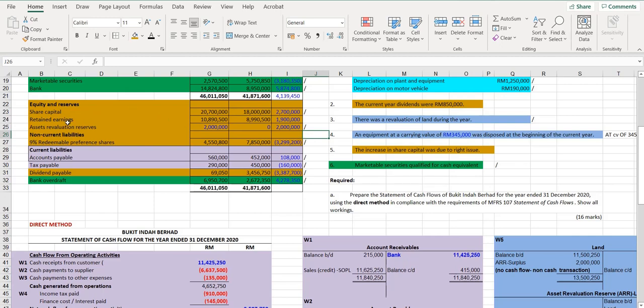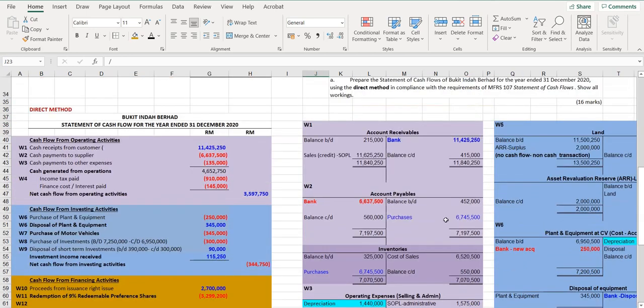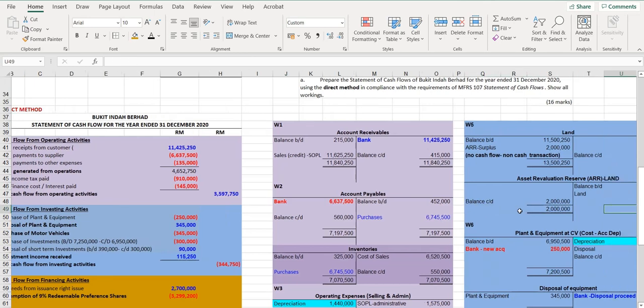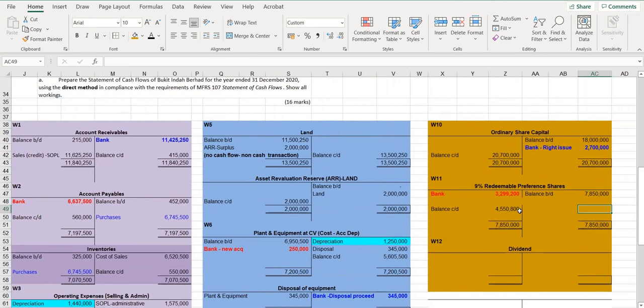You may use the retained earnings to find the dividend payment, but for today you have already been given the current year dividend. We know that dividends were from the retained earnings, but since that was given directly, I am just opening up the dividend account. I open up the dividend expense, the balance brought down first, and then the balance carried down.